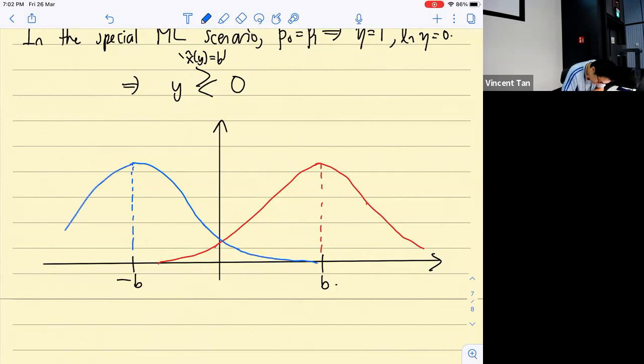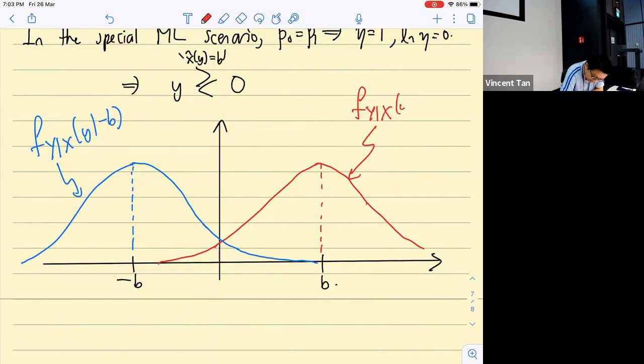So this guy here is f of y given x, y given minus b, and over on this side, this is f of y given x, y given plus b. And this is nothing but the y-axis.